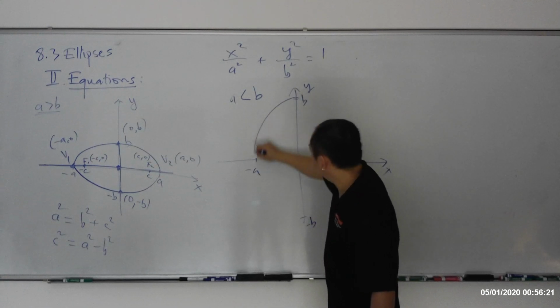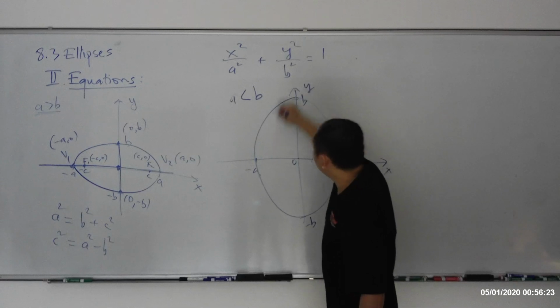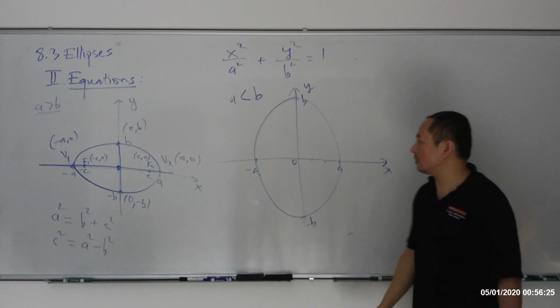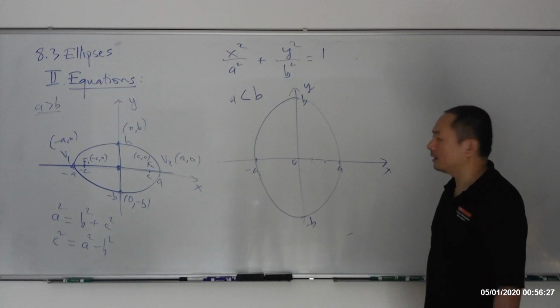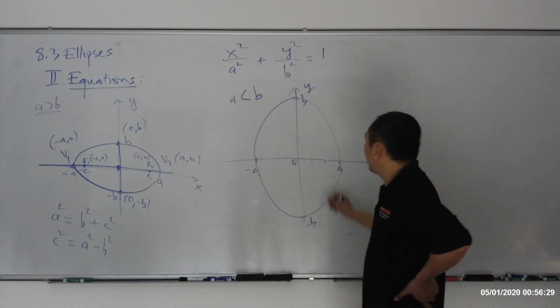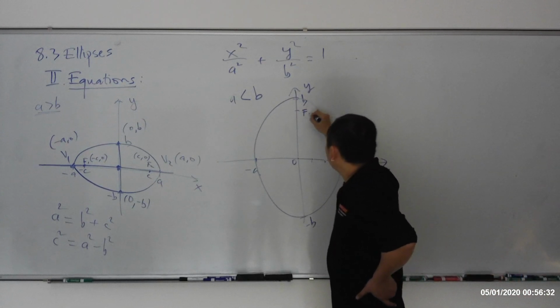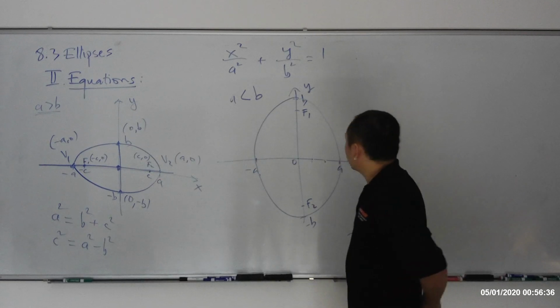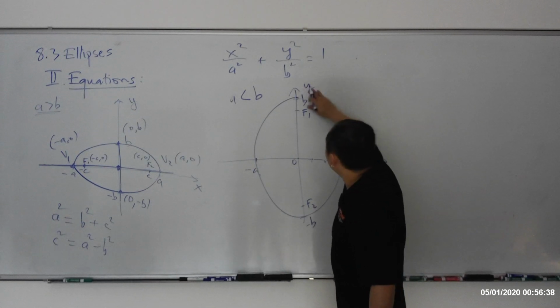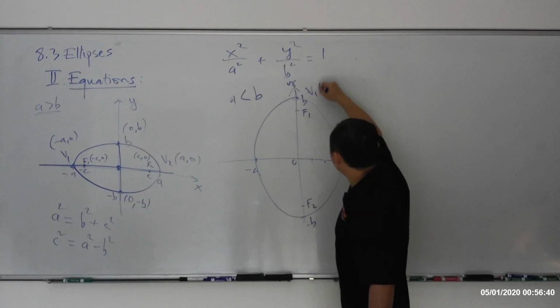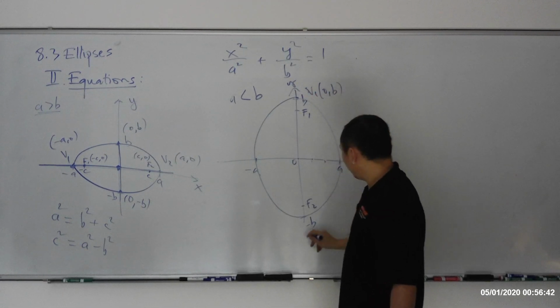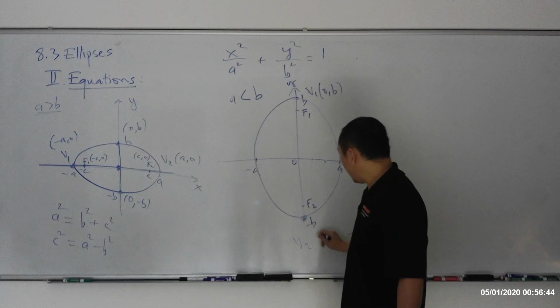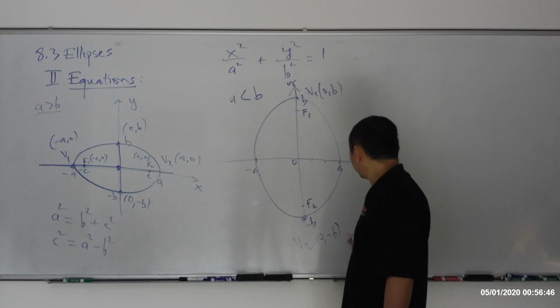It's the same type of ellipse, but now b is bigger than a, so the ellipse looks vertical. The two foci F1 and F2 will always stay on the major axis, so now V1 is up here at 0 comma B, and V2 is down here at 0 comma negative B.